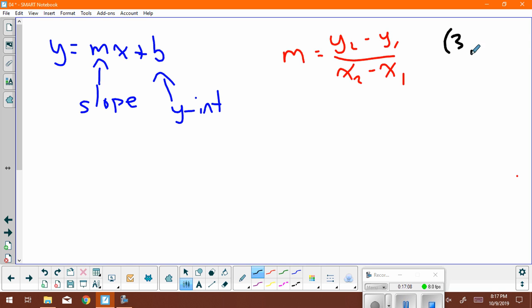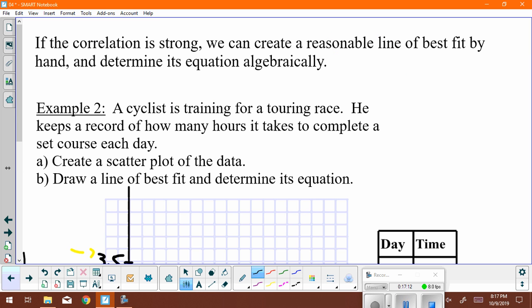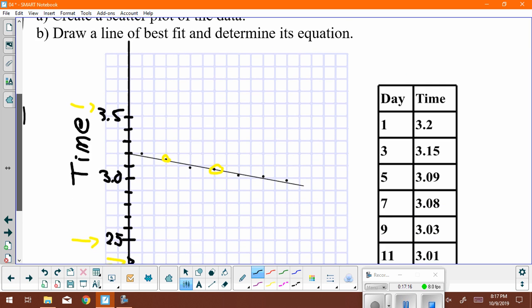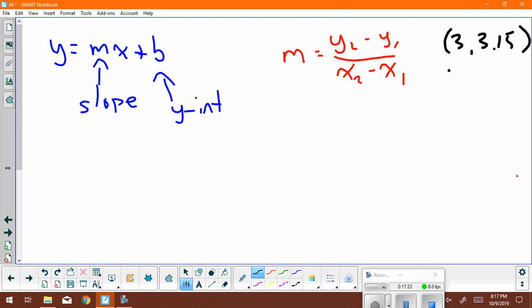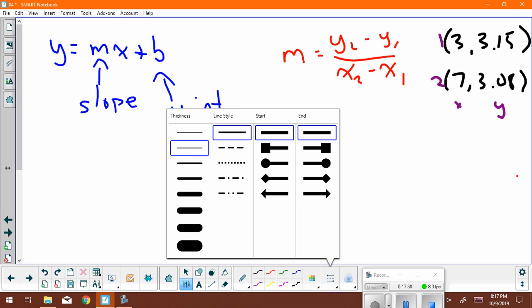We had 3 and 3.15, I think, and 7 and 3.08. So those are our x and y coordinates, right? It's always x and then y. This is my second point, this is my first point. So now we just fill in the formula.